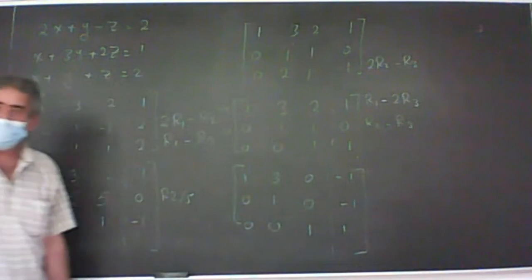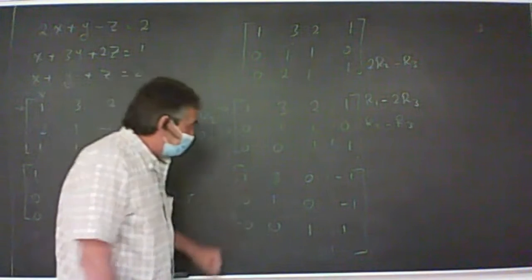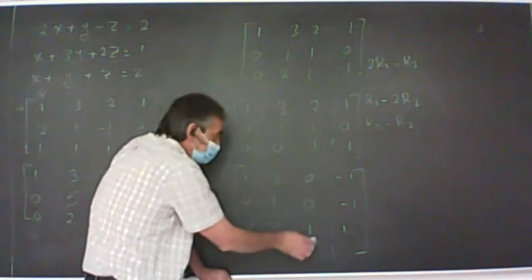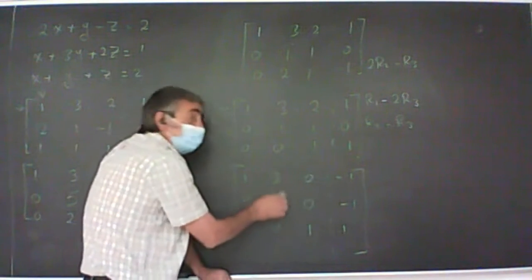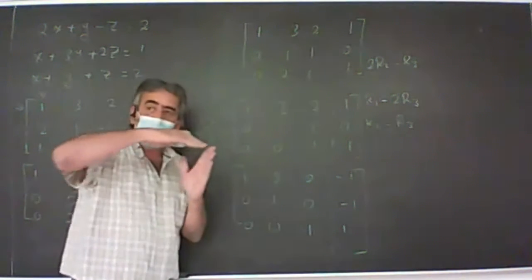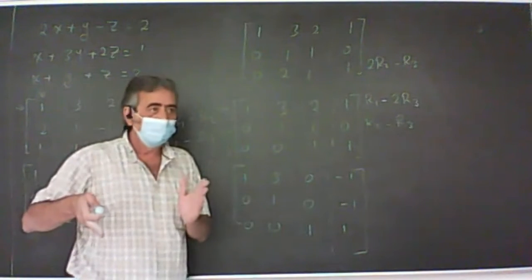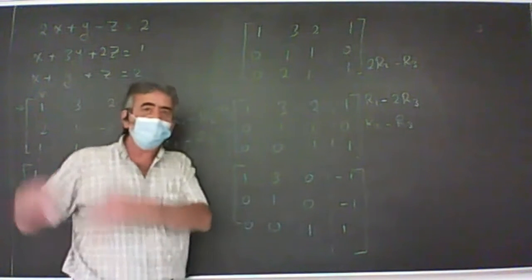The only thing I'm left with is that one. Notice, now I'm going up, right? I finished with this one. Now I'm going to go to this one. How do I know which one I'm going to go with? It's always row 1, column 1, row 2, column 2, row 3, column 3. You're done? Then you go backwards.